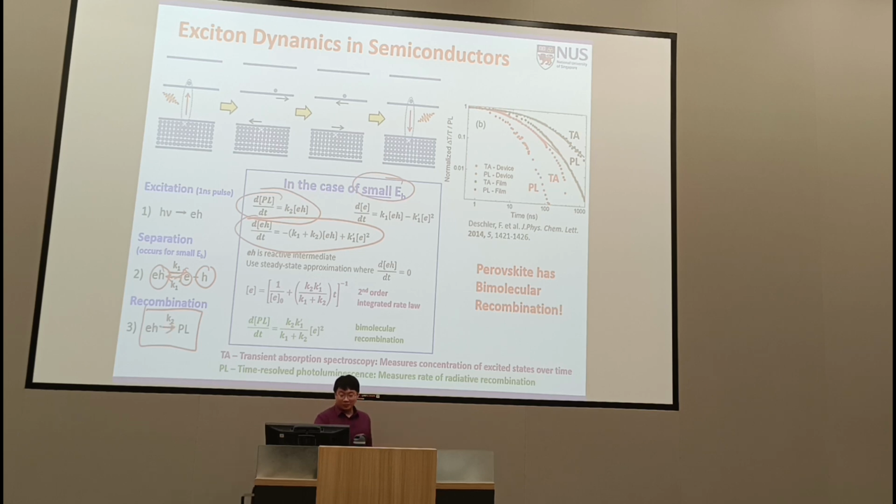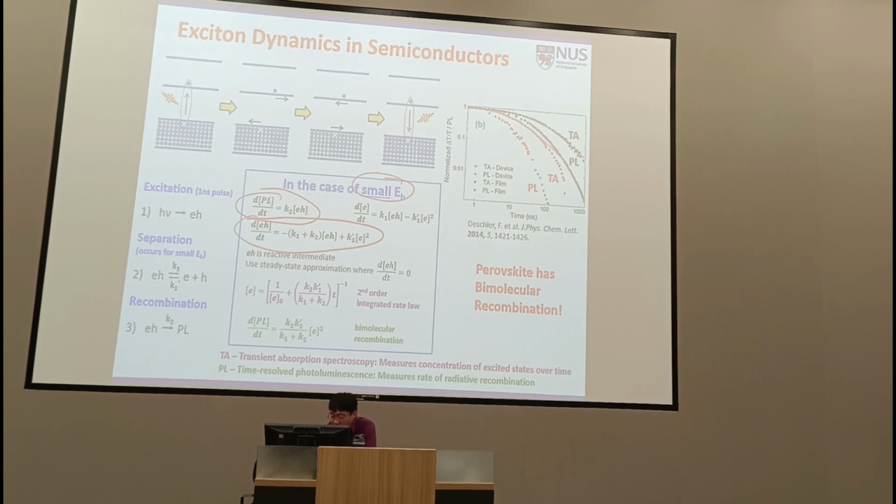So if you think about it, there are actually three processes that can cause exciton concentration change. So where are the three processes represented in this equation? You can see that in this equation I have minus k1 times the concentration of exciton.